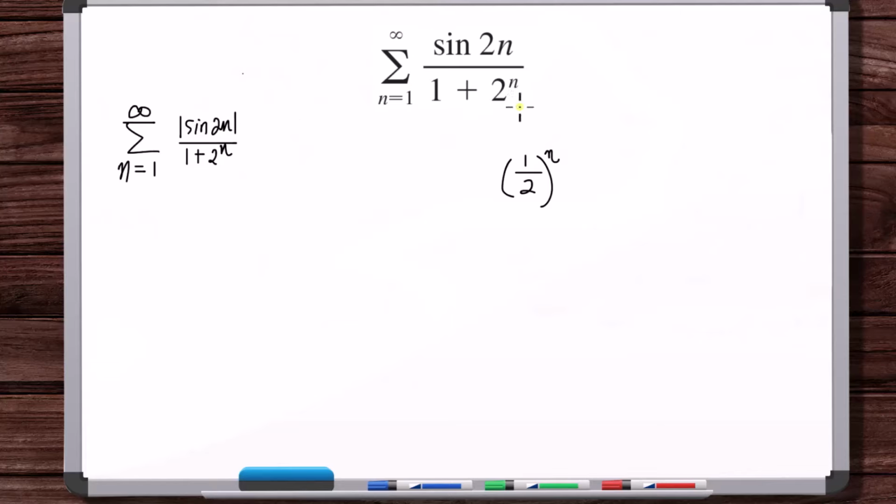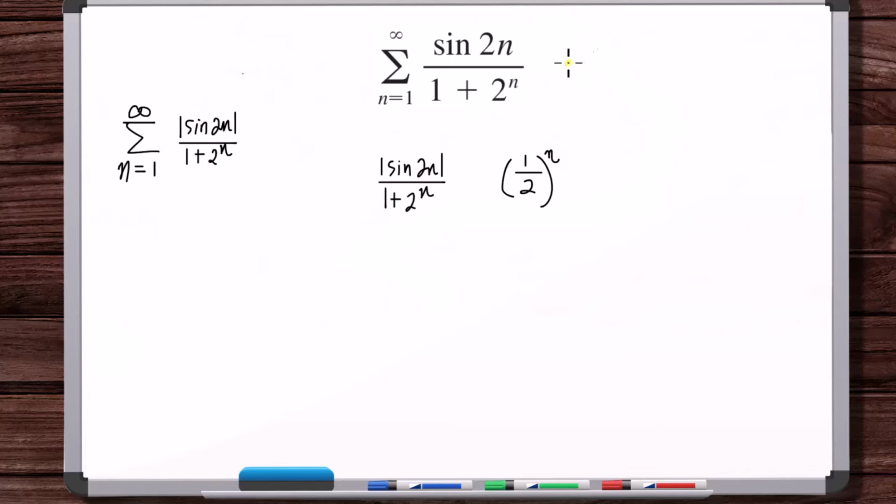If I look at the absolute value series and I figure out that that's convergent, well, then I've determined that the original series is convergent. And so with that, what we have is the absolute value of sine of 2n over 1 plus 2n, right? And this 1 over 2 to the n is always positive, so we don't have to think about an absolute value.